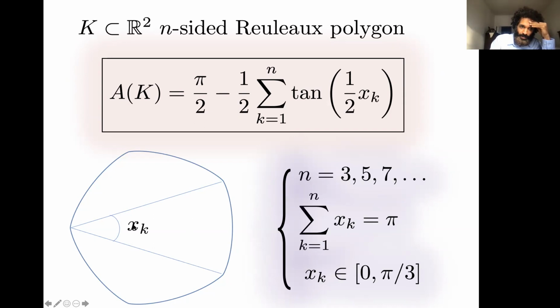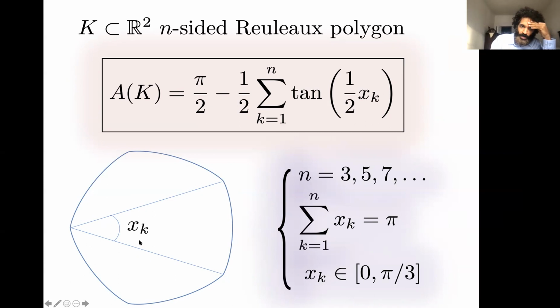These interior angles that specify these circular arcs, I call the x_k's. It turns out those sum to pi. That's actually another theorem, due to Barbier many years ago, that every curve of constant width has arc length pi.